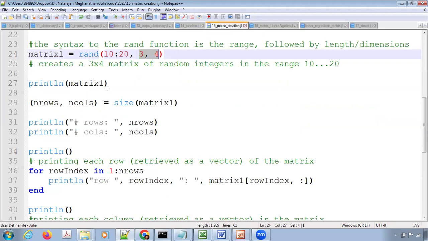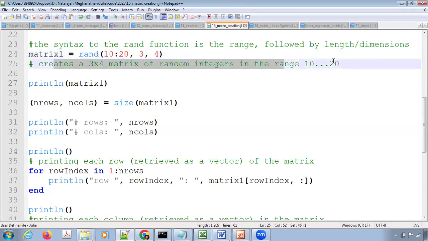So for integers, specify the range first to the rand function, which in this case is 10 to 20, and then the dimensions. If it's a 1 dimension vector, just specify the number of elements you want in that vector. If it's a 2 dimension matrix, you specify the number of rows followed by the number of columns. So this would create a 3 by 4 matrix of random integers in the range 10 to 20.